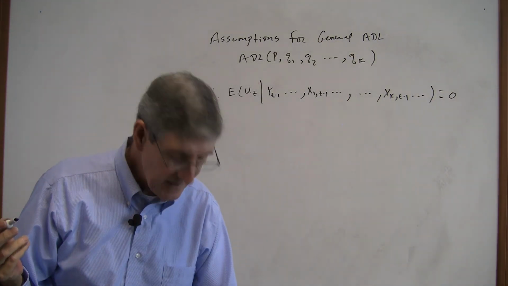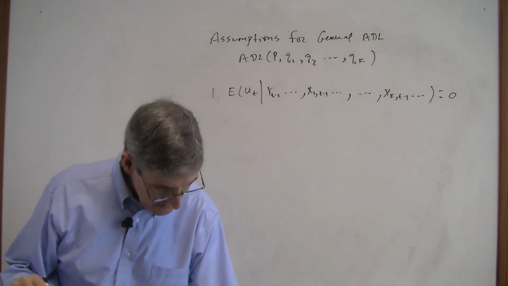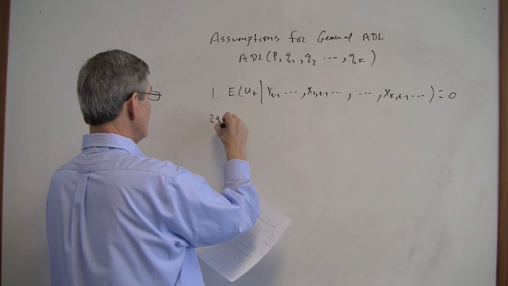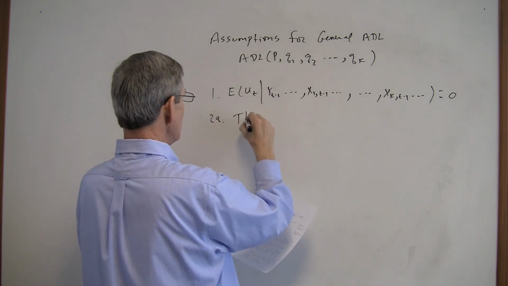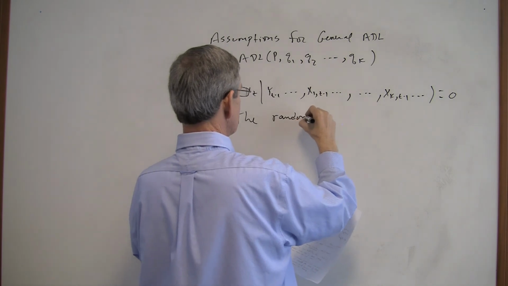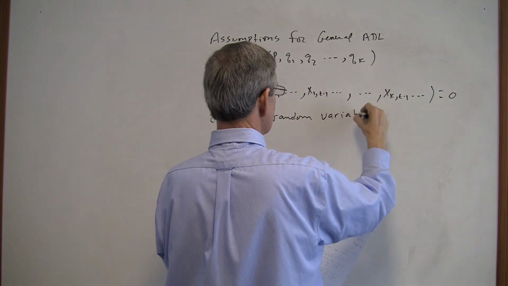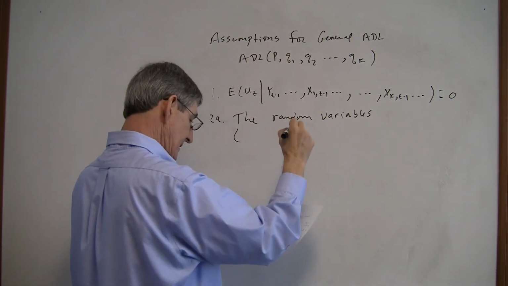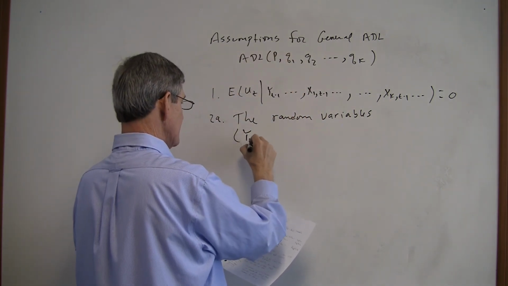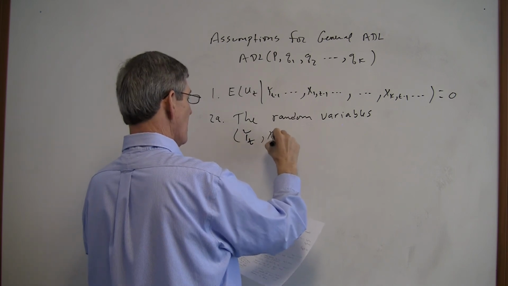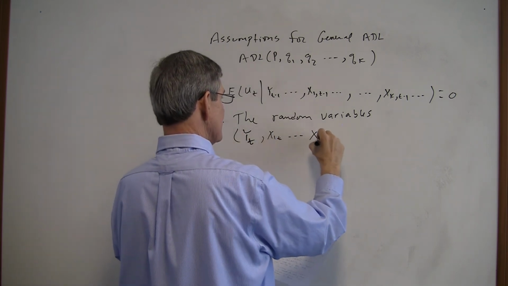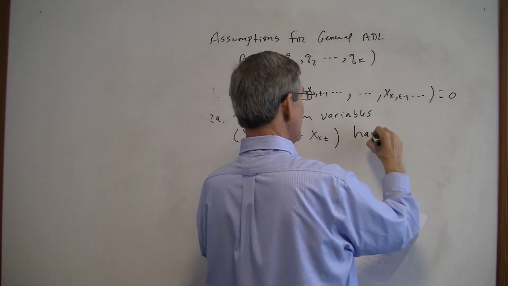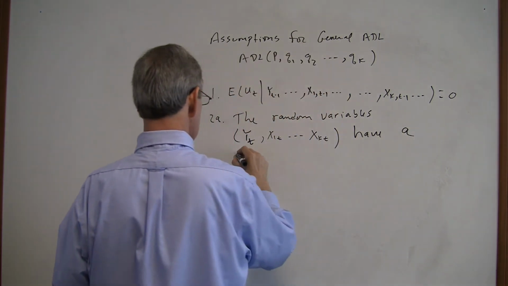Ut is independent of all the right-hand side variables, and that ensures it gives you the best forecast. 2a, the random variables yt, x1t out to xkt have a stationary distribution.